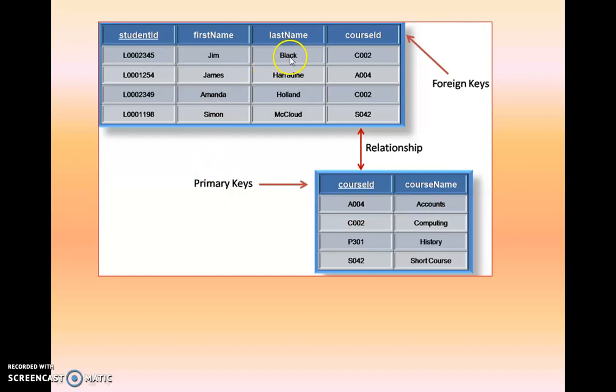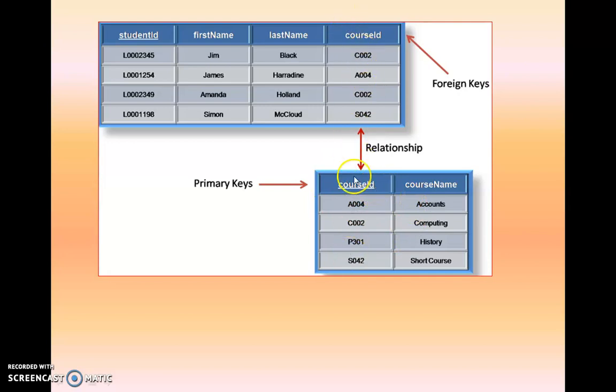Okay. Can you identify which table becomes a primary key table and which table becomes a foreign key table? Here the student table, where the course ID column is there, and here the course table is there, where the course ID column is.